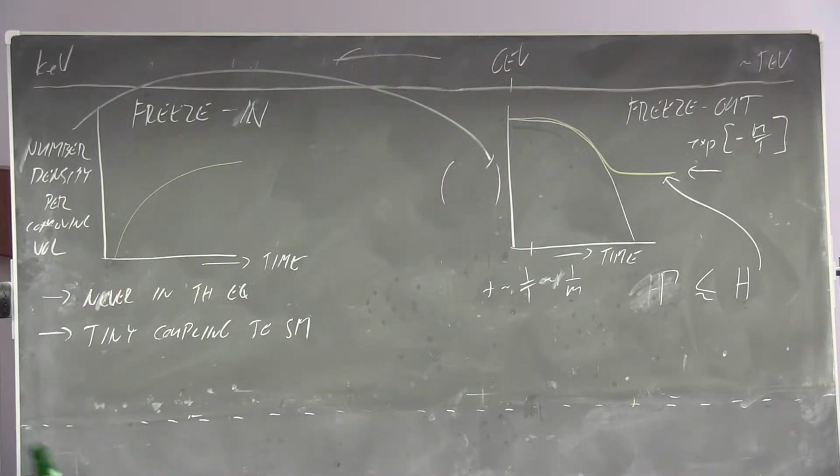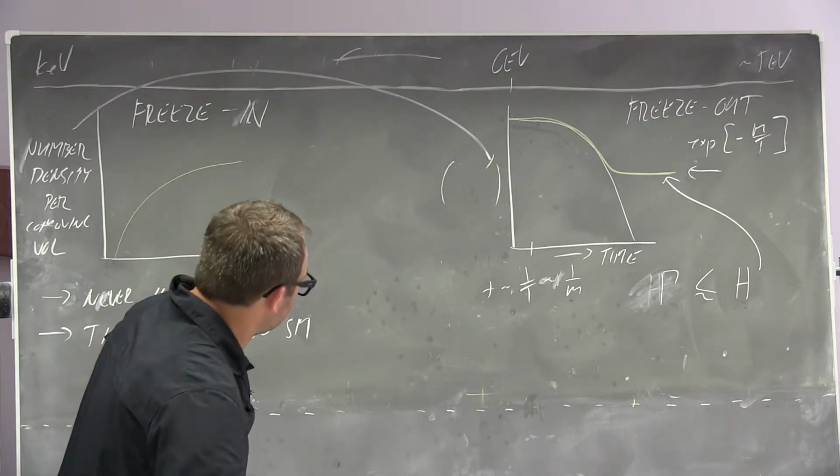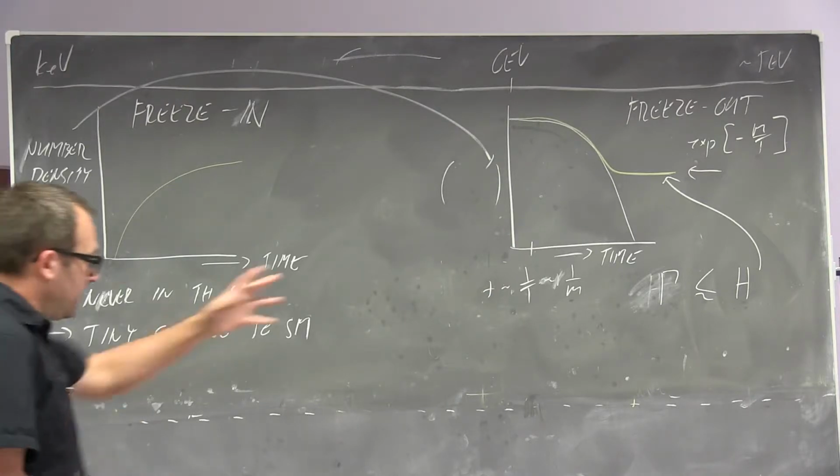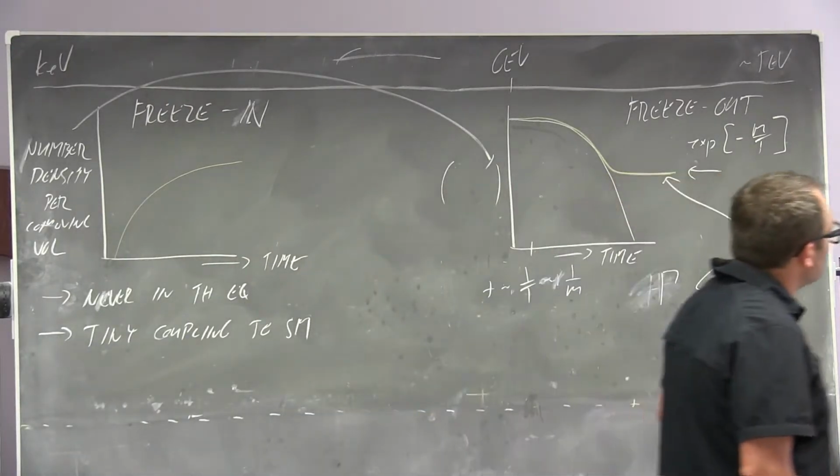So freeze-out has been a common mechanism to try to explain the origin of dark matter for a long time. It does have a number of features that are somewhat distinct from the others, but it is one more mechanism.